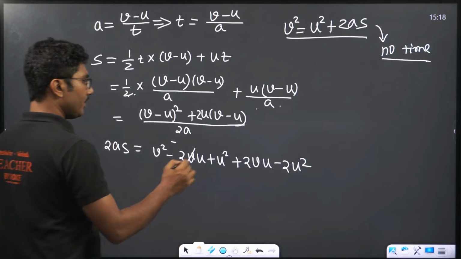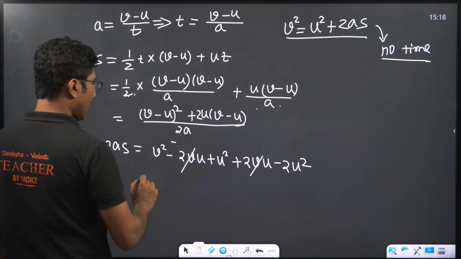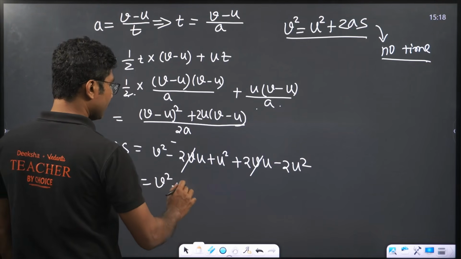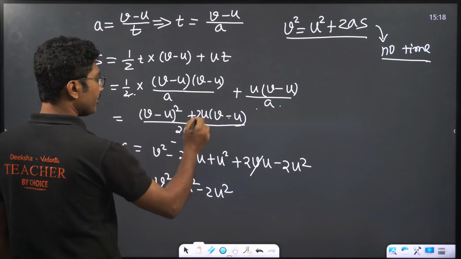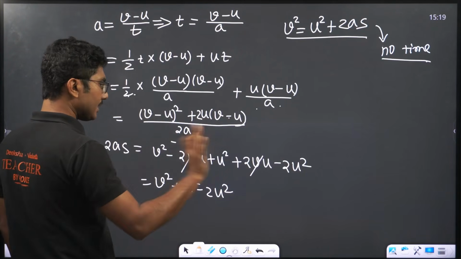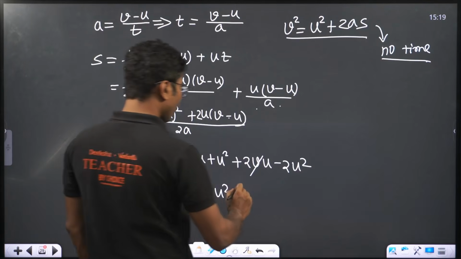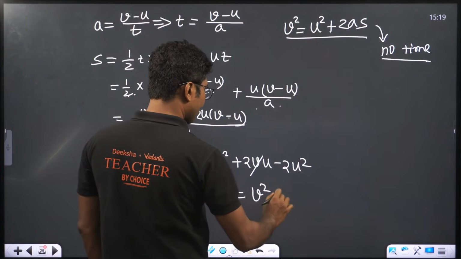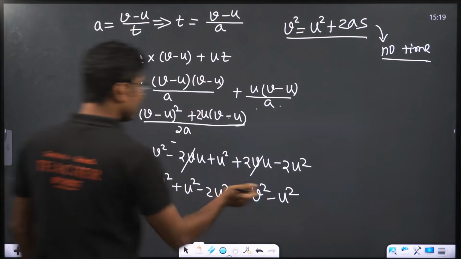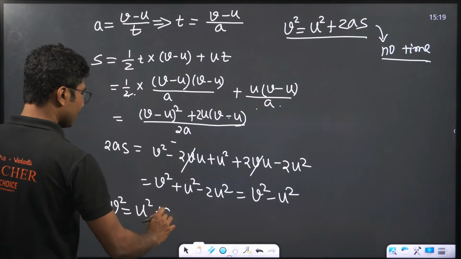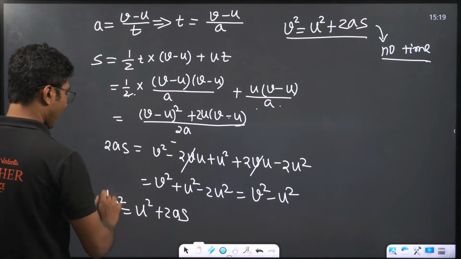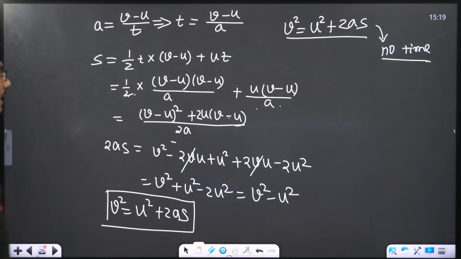Now 2vu cancels and we get v square plus u square minus 2u square, right? So this minus 2u into u was minus 2u square. Just mathematics, nothing else. No physics here. v square minus u square, right? So just from here we can write v square equals to u square plus 2as. This is the second equation of motion.